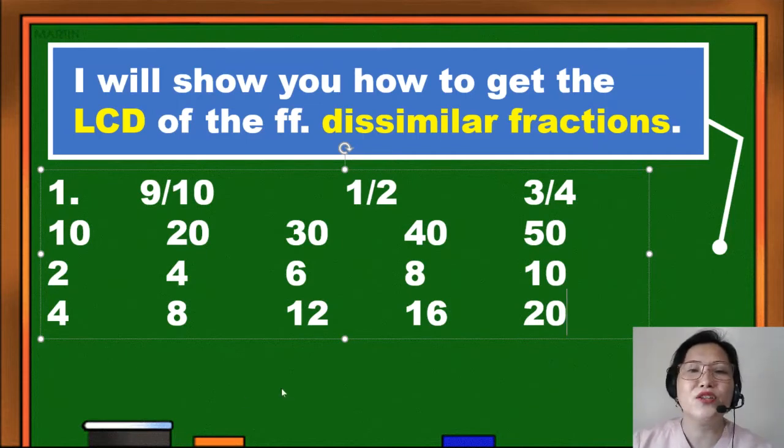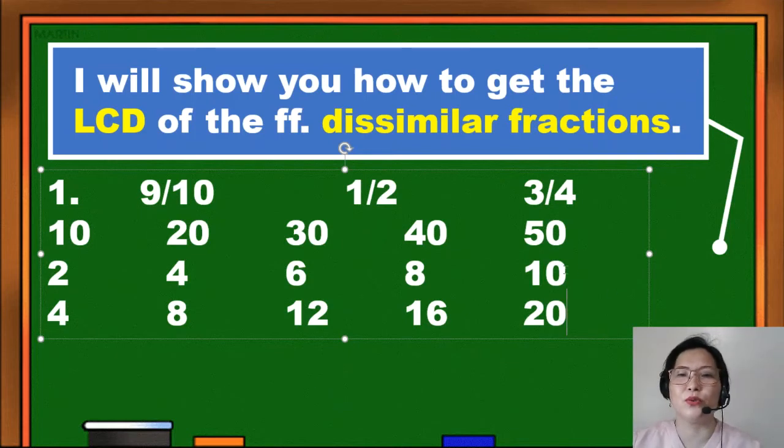Now, can you see a common multiple already among the three sets of multiples? Not yet. So what are we going to do? We have to add more multiples. What do you think is the denominator that we are going to add more multiples to? You're correct.